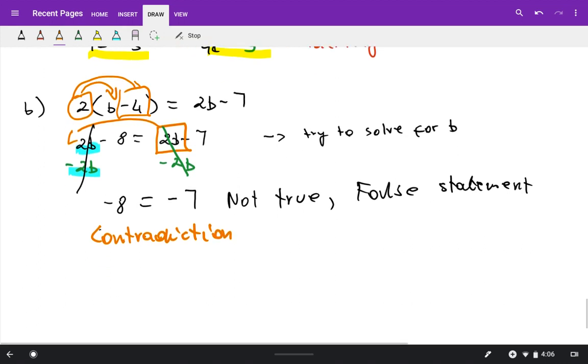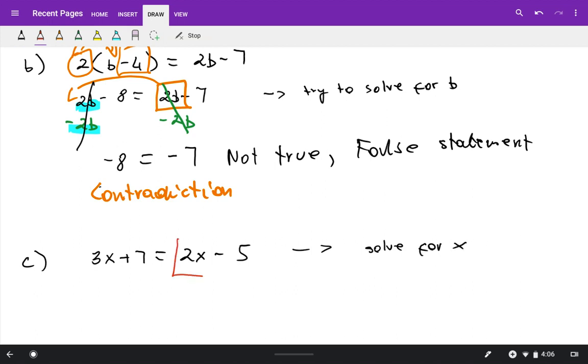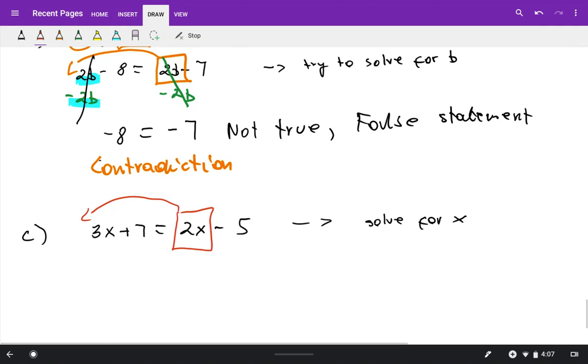And one more, the last one. Example C: we have 3x plus 7 equals 2x minus 5. We need to solve for x by bringing the x's to the left side. I'm going to move that 2x to the left side. Since it's positive 2x, the opposite is negative 2x, so I'm subtracting 2x from both sides.